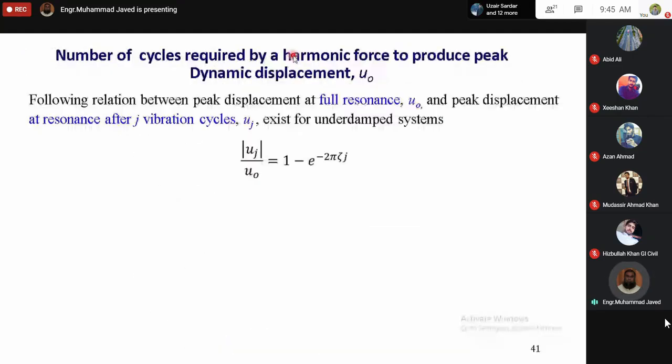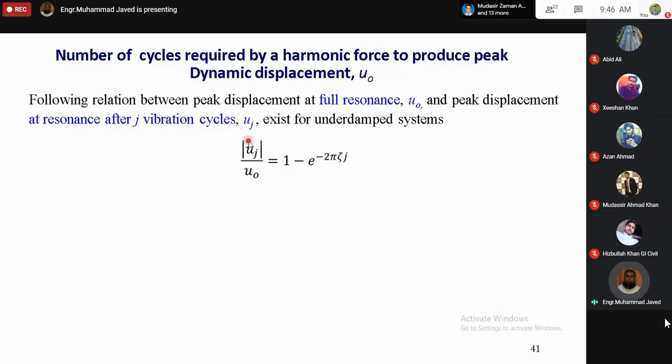With the help of this equation, we can find the peak displacement after J cycles of vibration. J is any number.